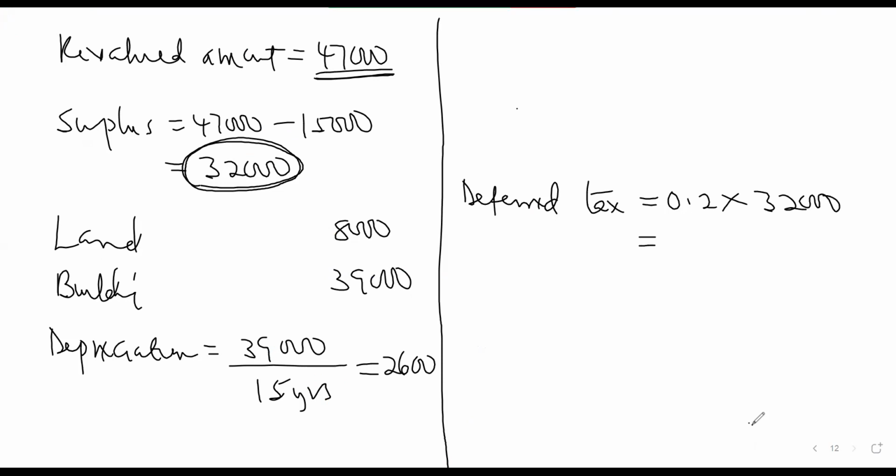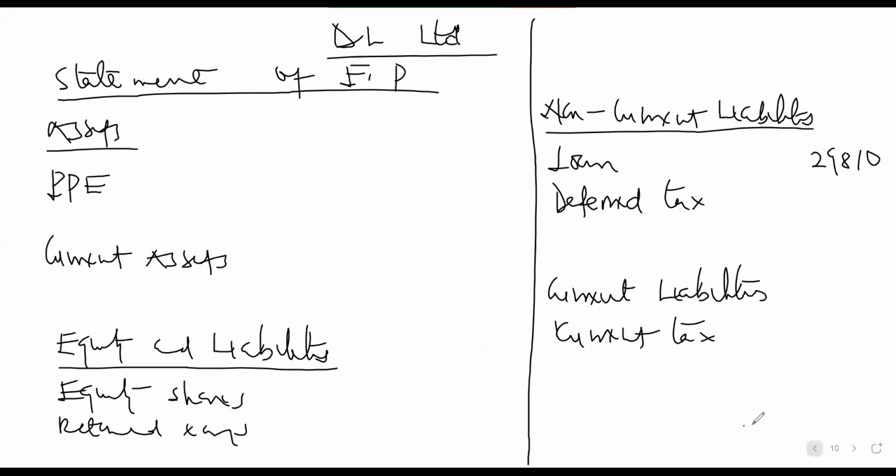So what are we going to be having? 6,400. It means that out of the 32,000, you will be sending 6,400 to deferred tax, and the remaining will be going to revaluation surplus in your statement of financial position. So let's come to the revaluation surplus over here.